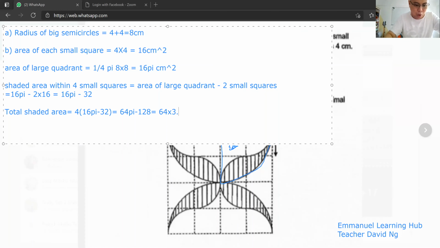Calculator pi is 3.141592654. If you press the calculator, the calculator pi is 3.141592654.